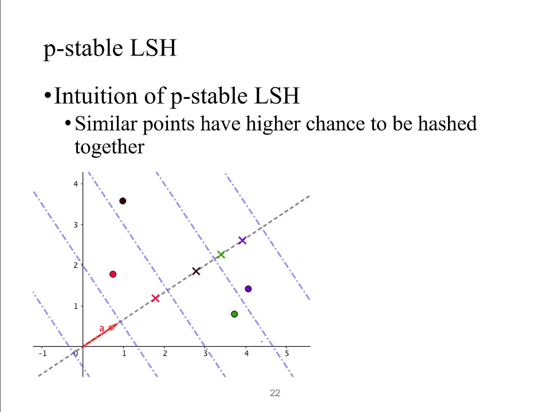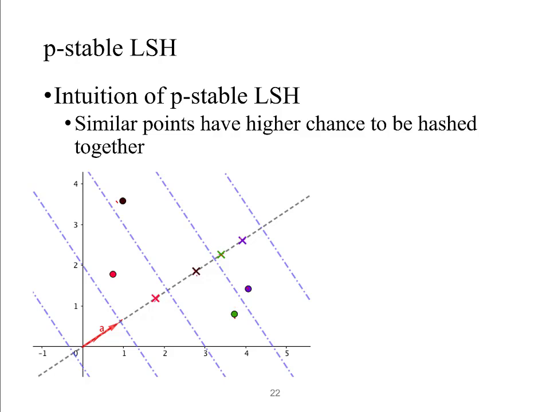But we'd rather look at the intuition of this whole p-stable LSH thing. The idea here is that similar points have a higher chance to be hashed together. How do we do this? Let's consider this is A, and these points are the original points, the data points.